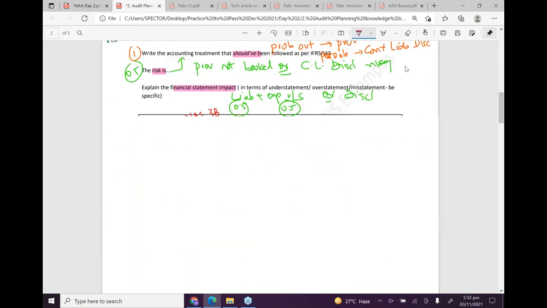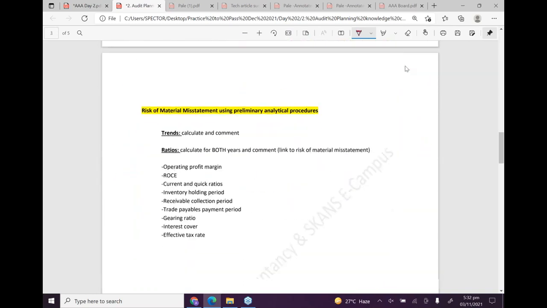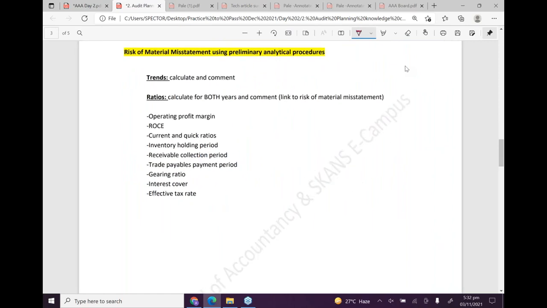Now, in the AAA exam, the biggest mistake that you guys are doing is doing the calculation and then putting a full stop and thinking, I've gotten my marks. So there's a student who's written, sales have gone up by 7%, cost of sales have gone down by 3%. Any student who stops here gets a 0.